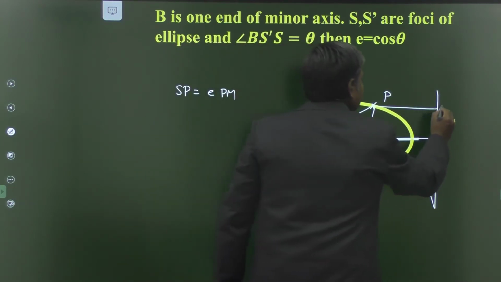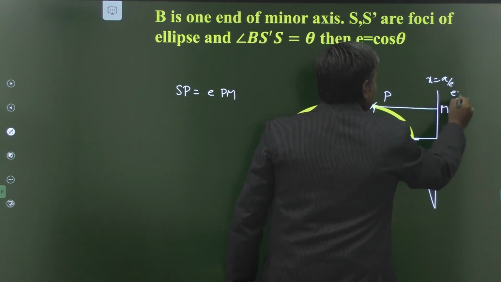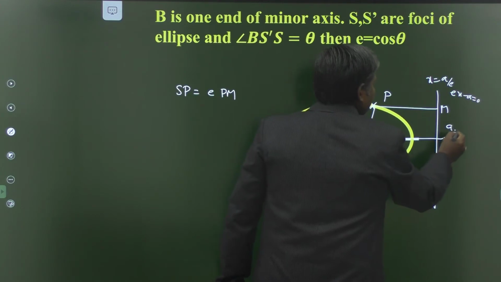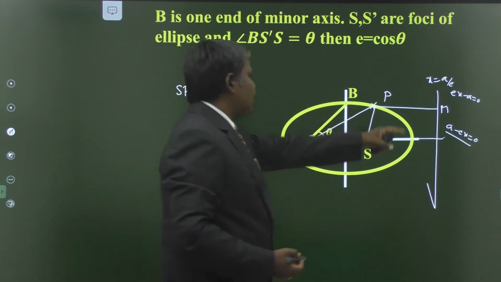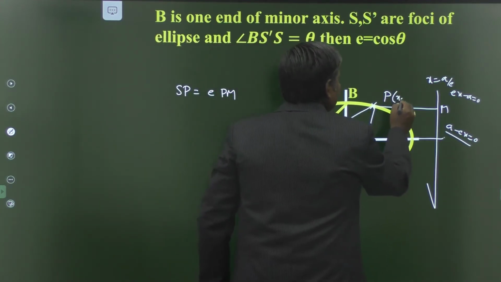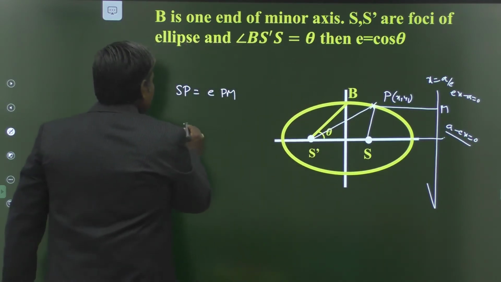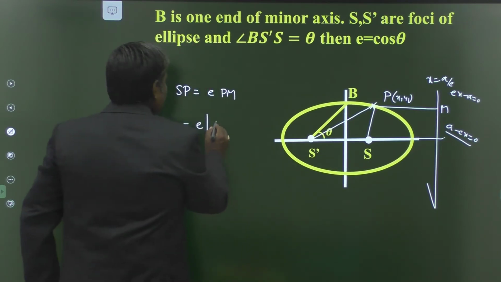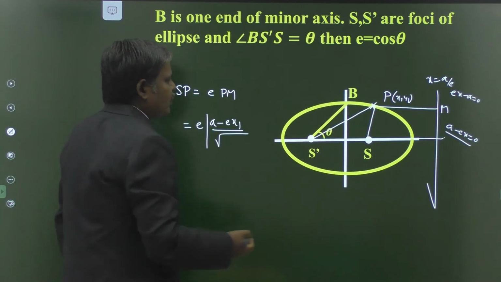What is the directrix equation? X equal to A by E, so Ex minus A equal to 0. Always A is positive. You may take A minus Ex equal to 0 as the equation of the directrix. So can I find the perpendicular distance from any point P(x1, y1) to the directrix? Yes. That is equal to E times the modulus of A minus Ex1 by root of A square plus B square.